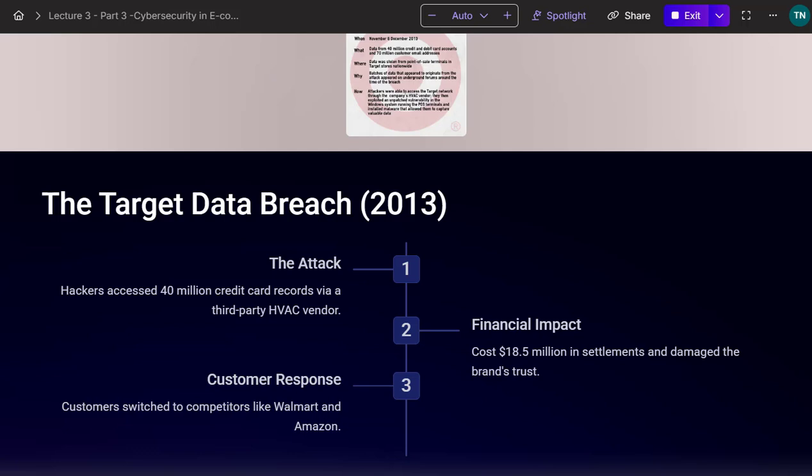This data breach cost Target 18.5 million in settlements and significantly damaged the brand's trust with customers. Many customers switched to competitors, retailers like Walmart and Amazon, in response to the breach. This incident highlights the importance of robust cybersecurity measures, even for third-party vendors that may have access to sensitive customer data.